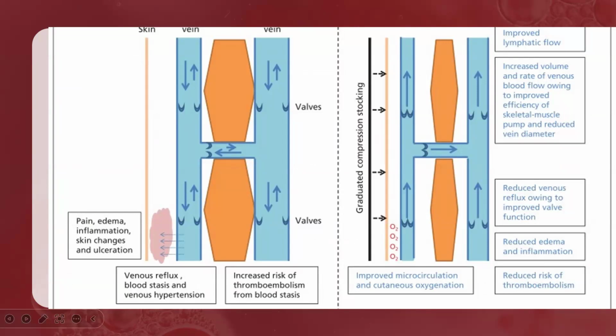After these stockings, there will be improved microcirculation, cutaneous oxygenation, and increased lymphatic flow. There will be reduced venous reflux because of the augmentation by the compression itself, and reduced edema and inflammation with reduced risk of thromboembolism.